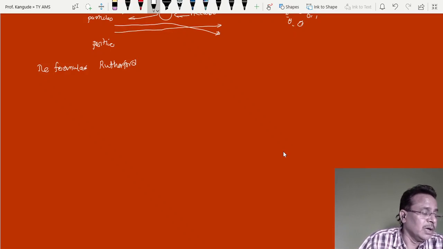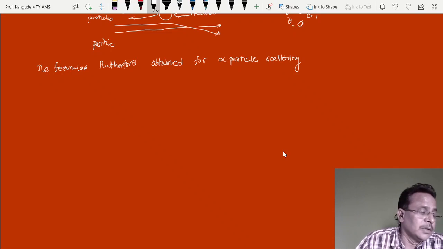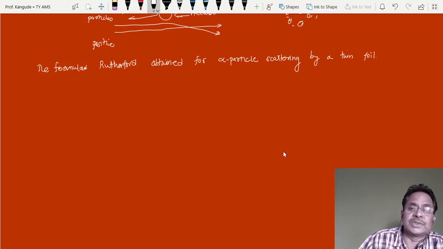The formula that Rutherford obtained for alpha particle scattering by a thin foil, a very thin foil of gold, on the basis of the nuclear model.